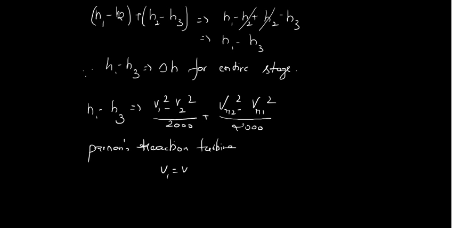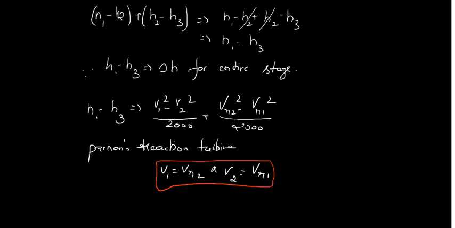V1 equals VR2 and V2 equals VR1. Right? This is the condition. If you want, you can remember this, and you can even place it in a box.